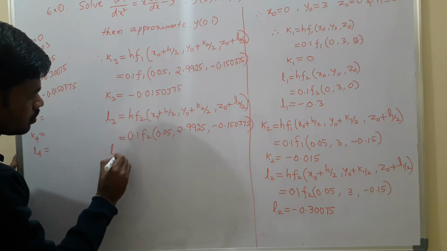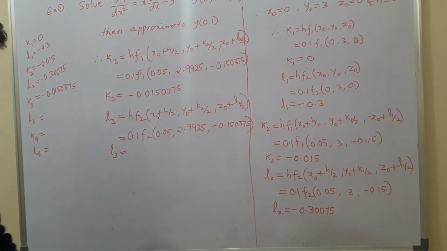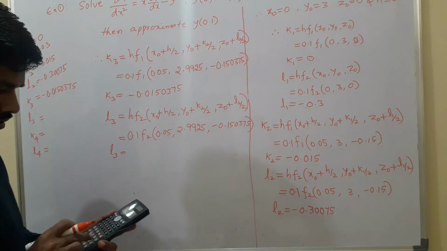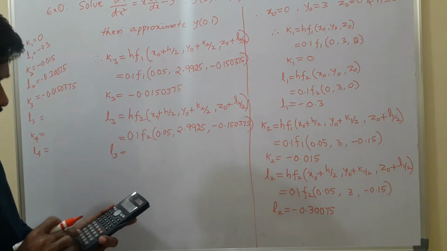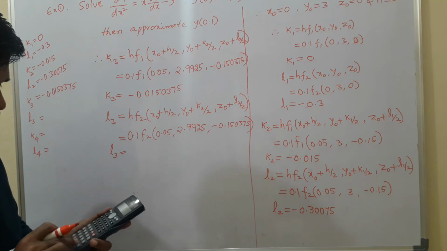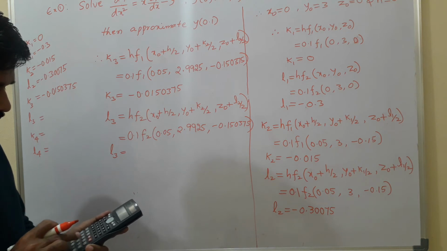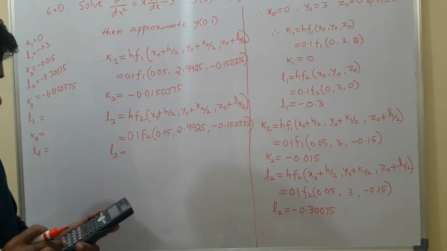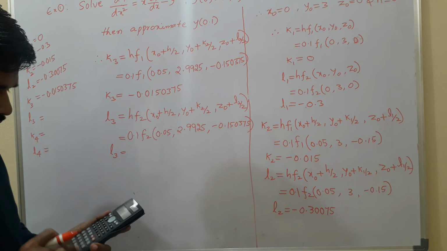So L3 equal to x into z, that is 0.05 into minus 0.150375, and minus 2.9925, into 0.1.